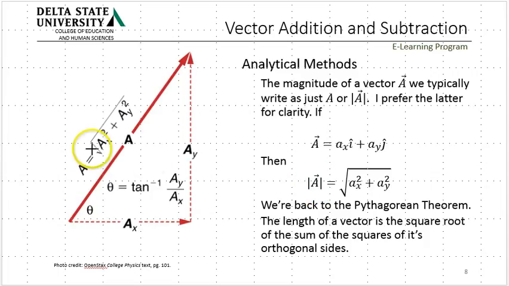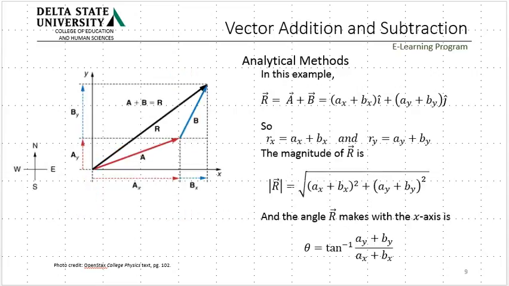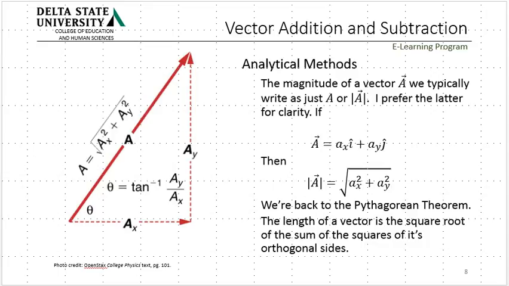The other part that's sitting here in the graph: we use the inverse tangent to figure out the angle. So go back up. We use the inverse tangent here to figure out what's the angle that this vector is at. What is its angle with respect to x?